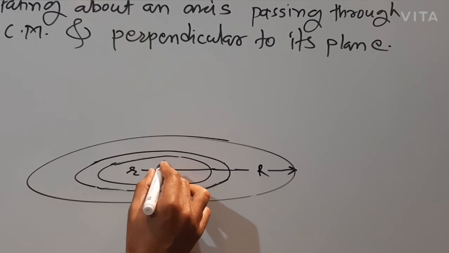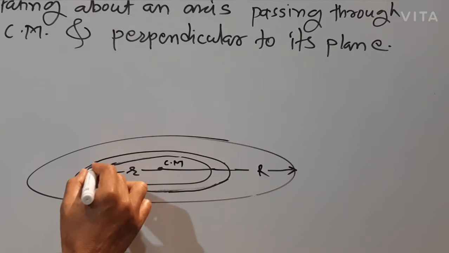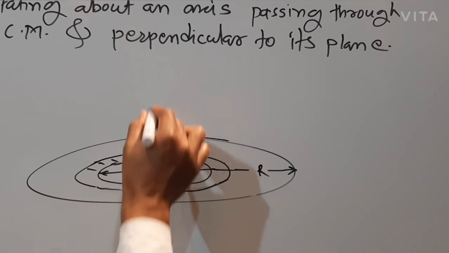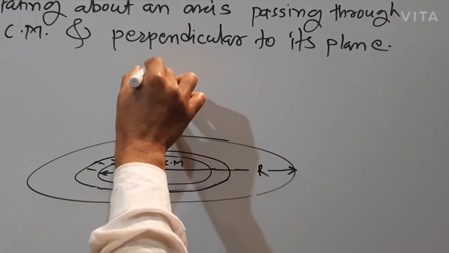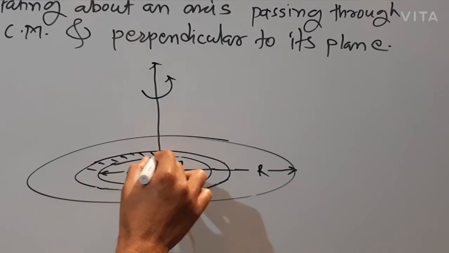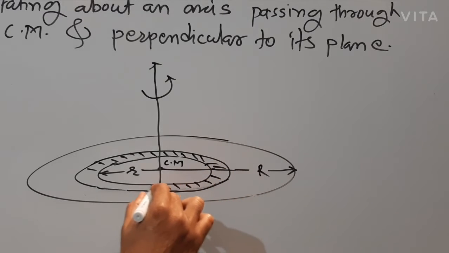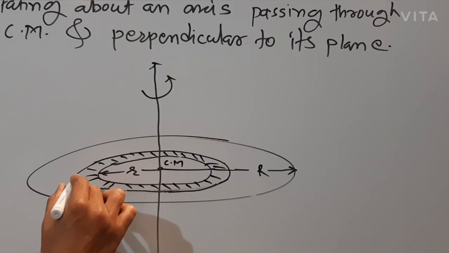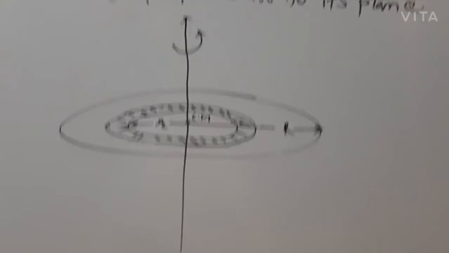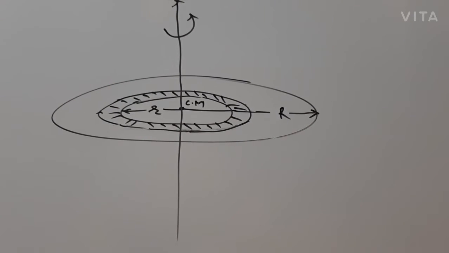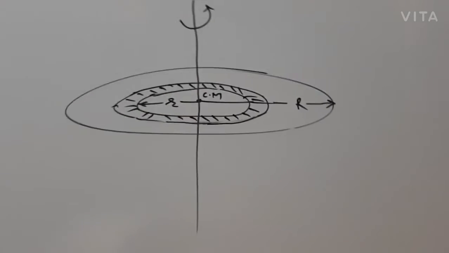This is the center of mass, this is the radius, and this is our axis. Show the element as a ring. Draw this diagram. This is our second point, the diagram.